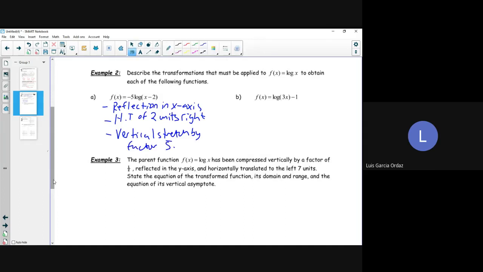All right. So that is for example A. The next example we have is f(x) = log(3x) - 1. What is our first transformation? Horizontal compression by a factor of 1/3.